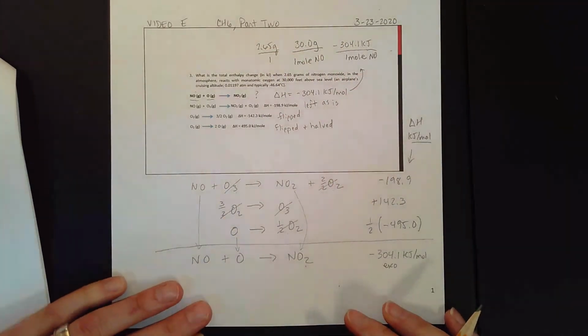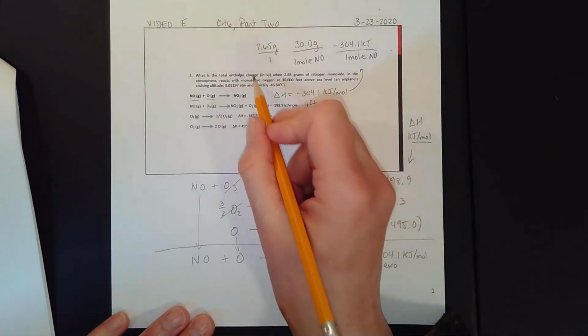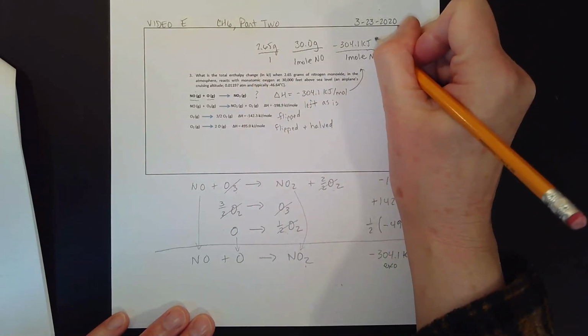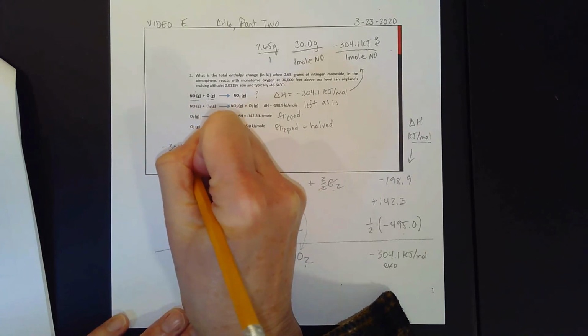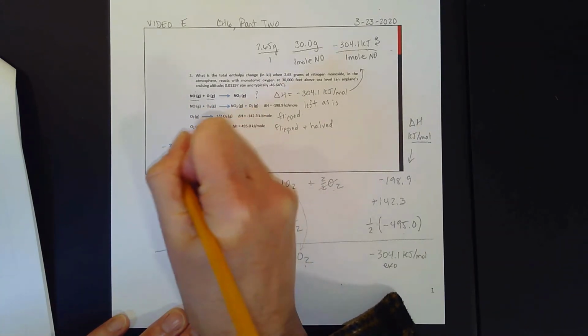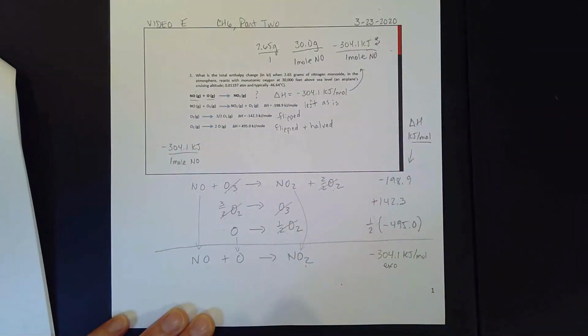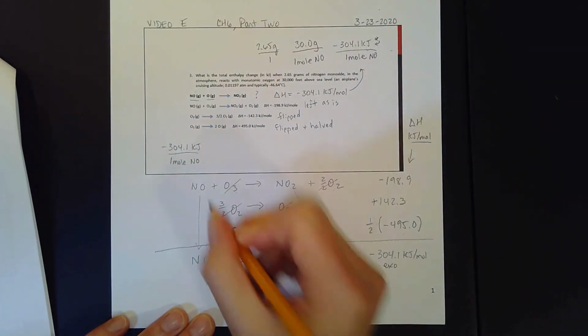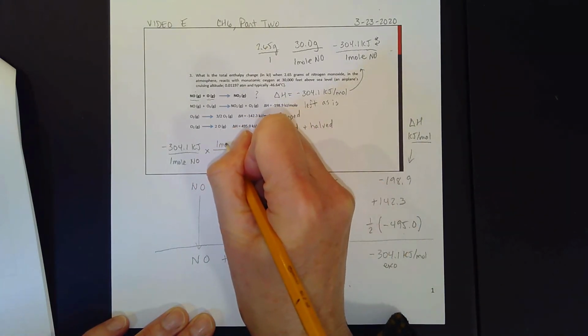Okay, so let's go ahead and do a dimensional analysis. Now we're asked for the enthalpy change, so we're going to have this on top at the start of our dimensional analysis. Like that. Now I'm going to go on over to grams using my molar mass.